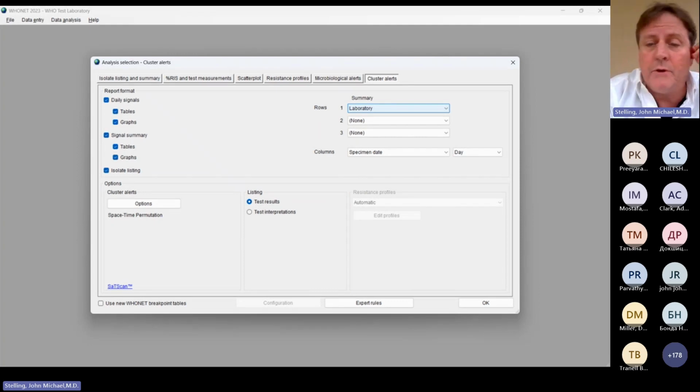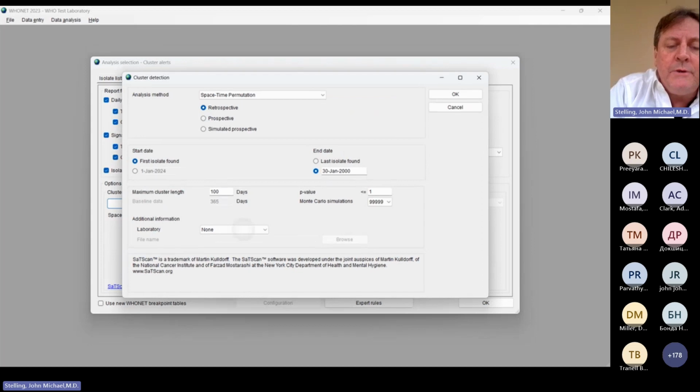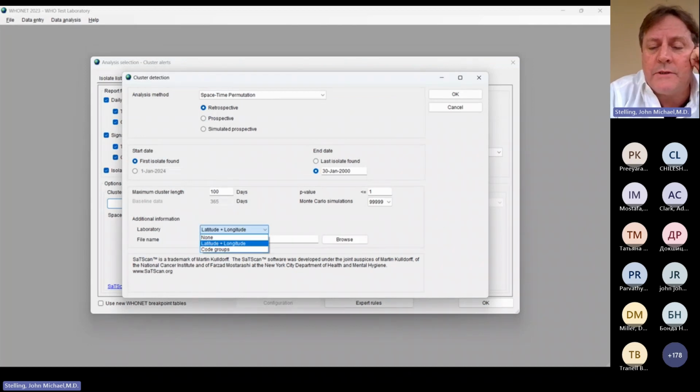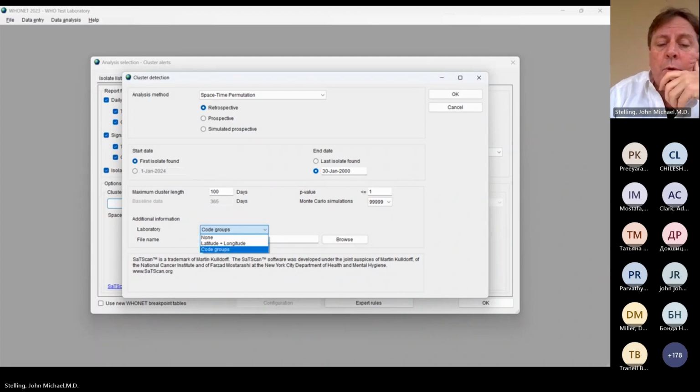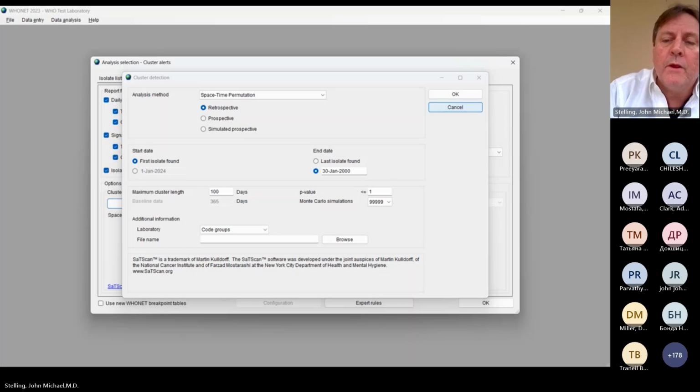It could be a hospital laboratory, a community laboratory, a food laboratory. So if I put laboratory, I do have the ability to put the latitude and longitude of the laboratory or the clinic. Or instead of using latitude, longitude, I could say that these hospitals belong together. These clinics belong together in a non-parametric way.